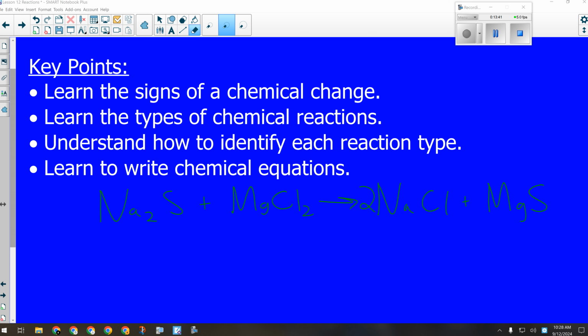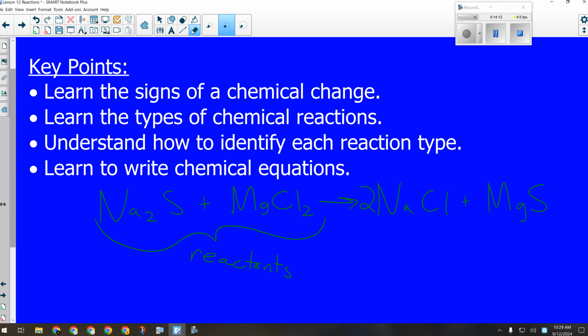And I just put numbers in like that called coefficients to make sure. Was the math of that terribly complex? No, this is not astrophysics. You just have to multiply and divide. All right, I would like you to write that reaction down because we want to use it to identify the parts of a chemical reaction. This side here on the left of the arrow, we call those the reactants because they react.